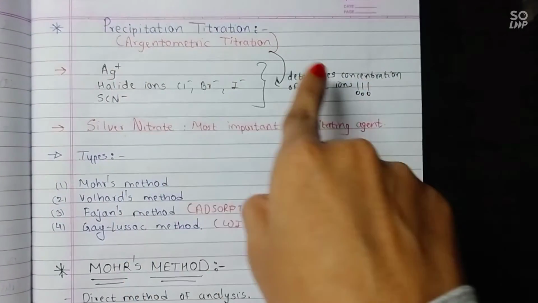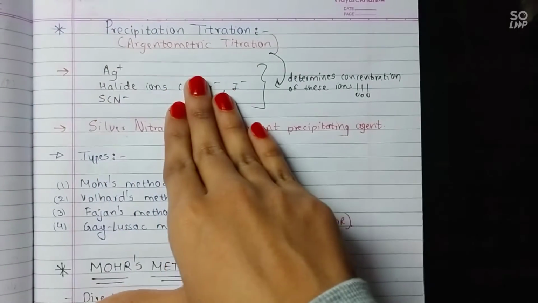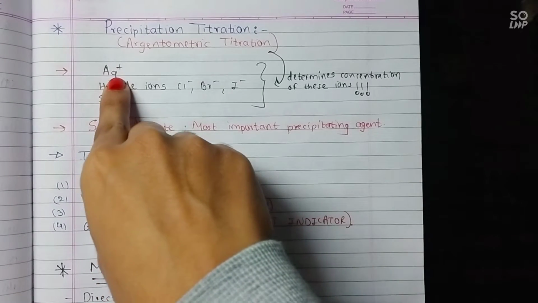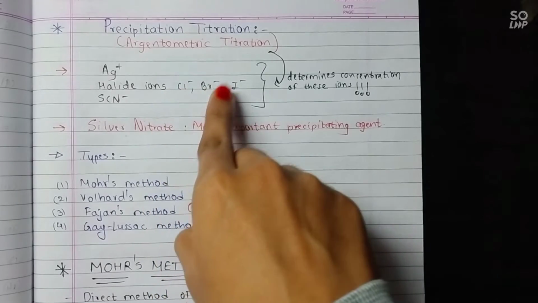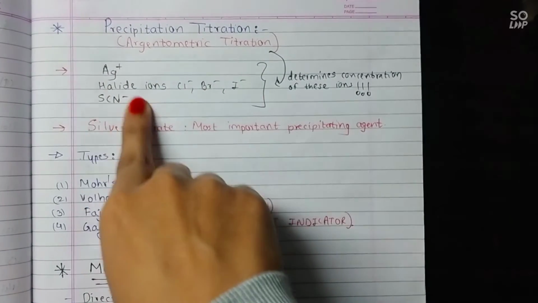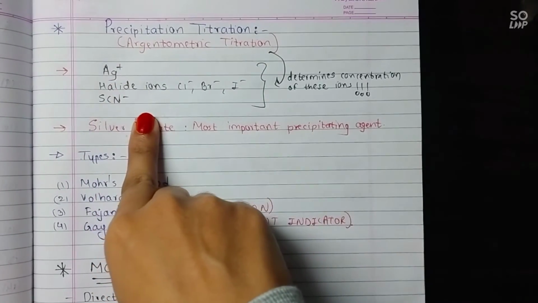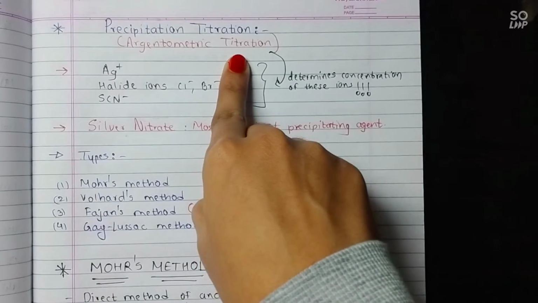This precipitation titration determines the concentration of various monovalent ions, like silver Ag plus, halide ions like chloride, bromide, iodide, etc., and thiocyanate SCN minus. These types of monovalent ions are generally detected through this argentometric titration.